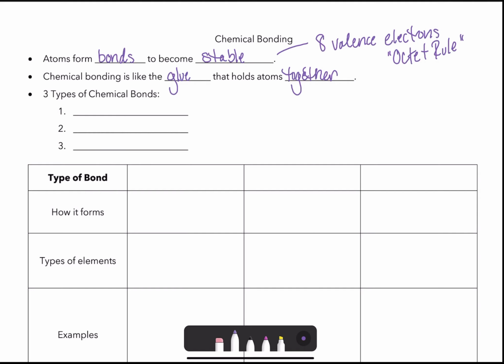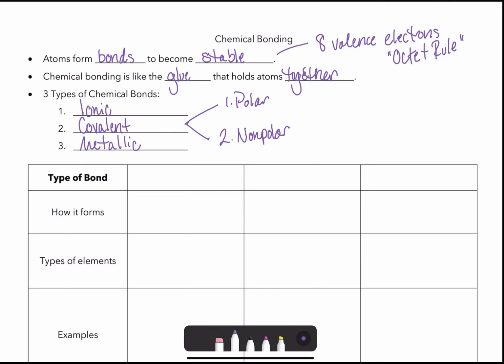And there are 3 types of chemical bonds that you are going to see. Number 1, we have ionic. 2 is covalent, although covalent can really be broken into its own 2 categories, which would be polar covalent and non-polar covalent. We'll talk more about that later. And the 3rd type is a metallic bond.